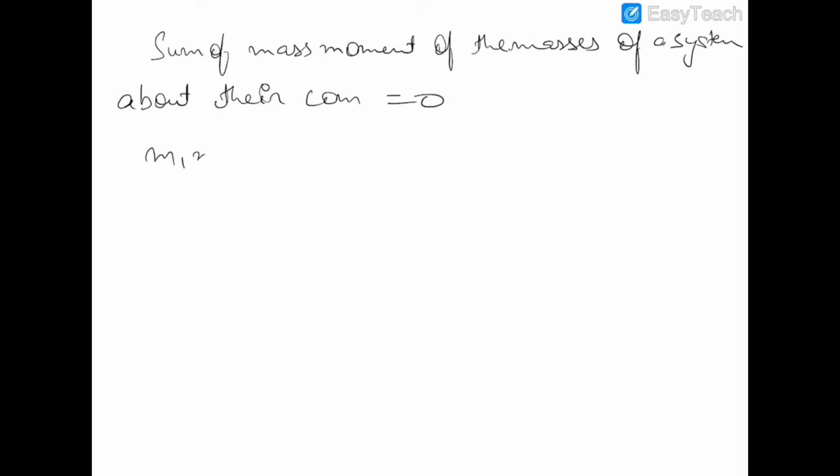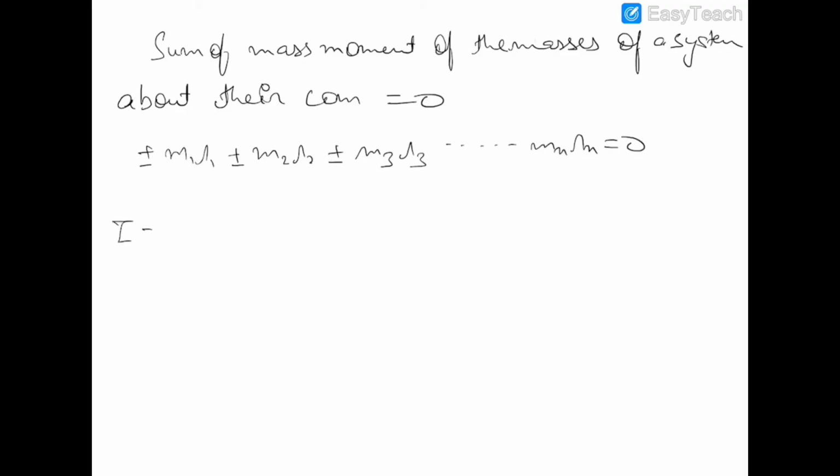So this is plus minus m1 r1 plus minus m2 r2 plus minus m3 r3 up to mn rn, which would be 0. So this is the sum of mass moments, and this would be 0 about the center of mass.